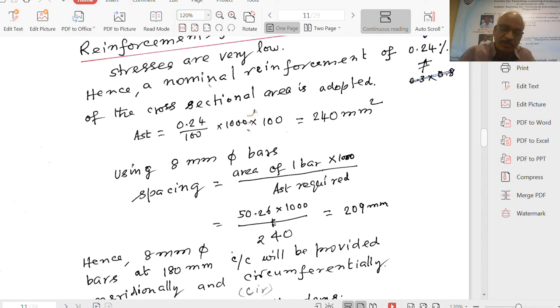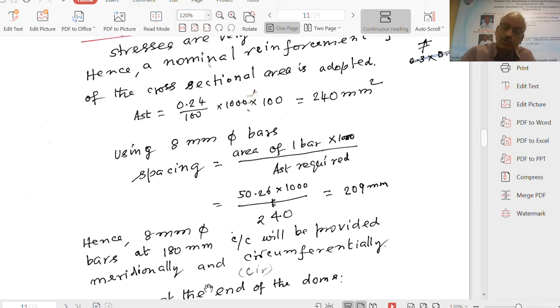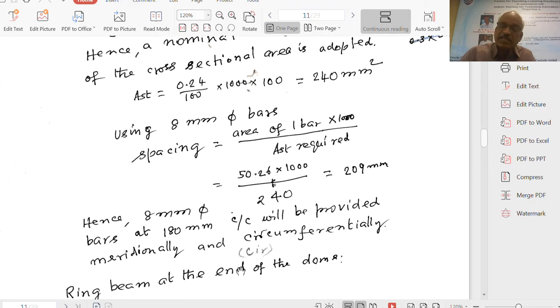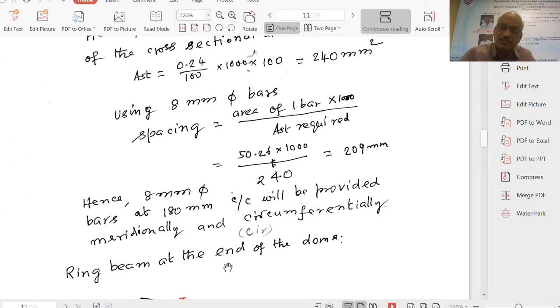So we provide 8 mm diameter bars at 180 mm center to center in both directions, both meridionally and circumferentially: from the top to the bottom of the dome, and also in the horizontal direction for the hoop tension.